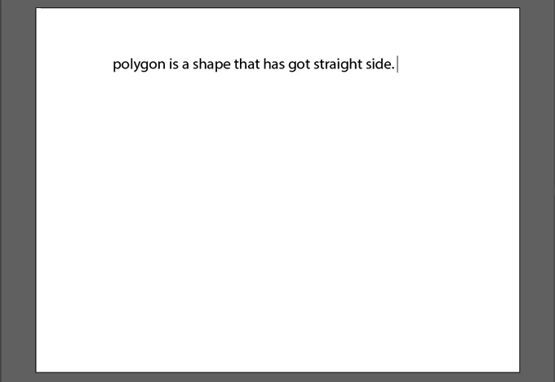Why? Because a circle does not have straight sides. Therefore, a circle is not a polygon.